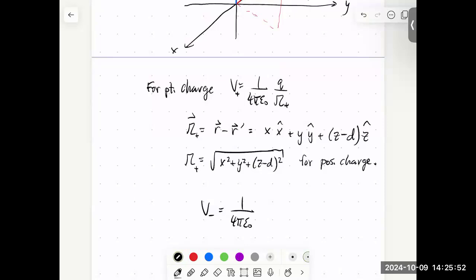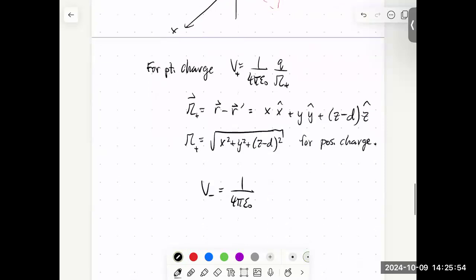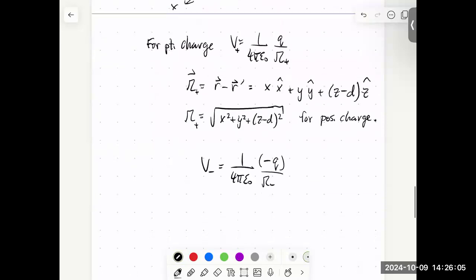That one's easy to solve, so we'll solve that one, and then say in the end the solutions must be the same for the two cases. So this is going to be minus Q divided by script R minus. For script R minus we would do the exact same analysis and find that it would be the square root of x squared plus y squared plus (z plus d) squared, because the negative charge is at position z equals minus d.